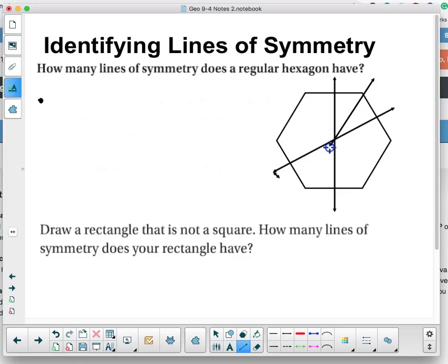So I'm coming down here, across there, over here, across there, and down the center, across there.